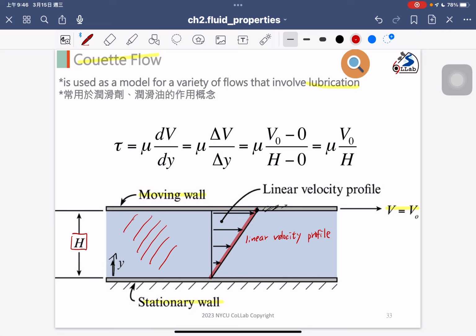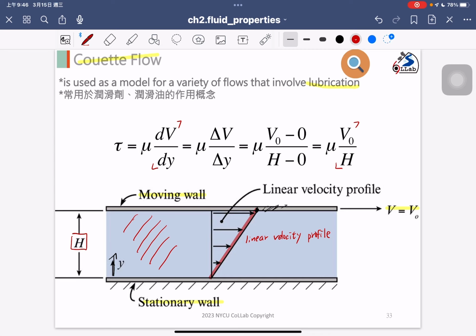If in that case, we go back to see how we can compute the velocity gradient along the y direction, because the velocity is a linear function along the y direction. That indicates we always have a constant value of the velocity gradient.